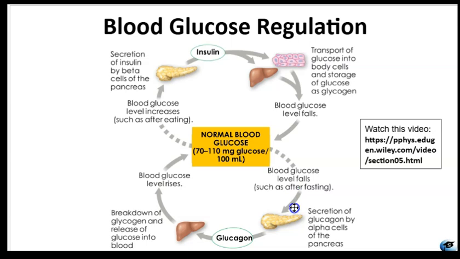Now if it falls too much, then the pancreas creates glucagon, and this helps break down glycogen and release glucose back into the bloodstream. You probably already know this, but when this process is not functioning properly, there's a name for that. It is called diabetes. And there are multiple types of diabetes. In fact, you will be doing a case study on a subject that is diabetic.